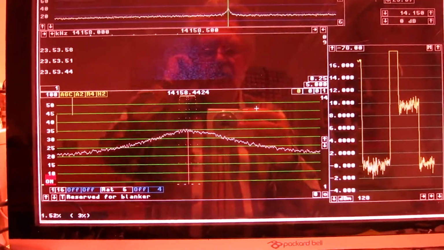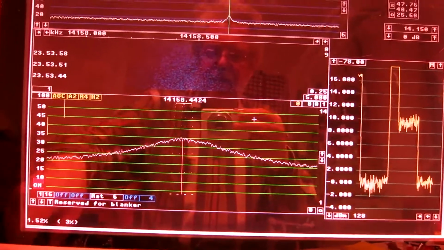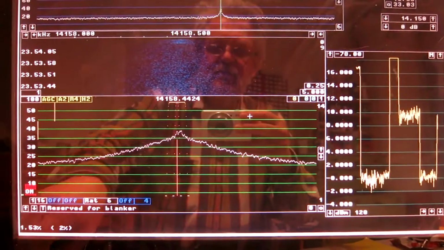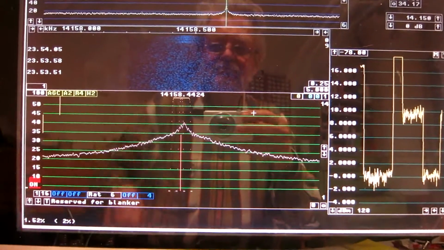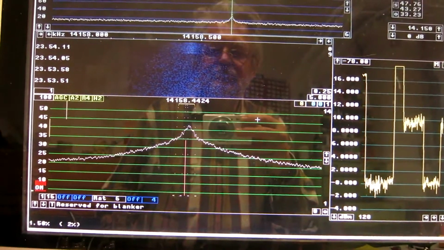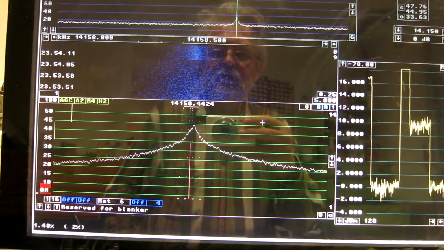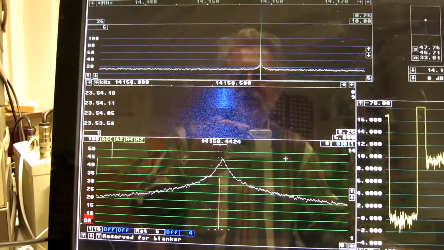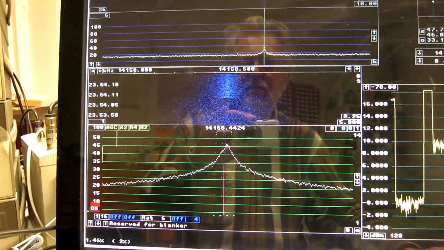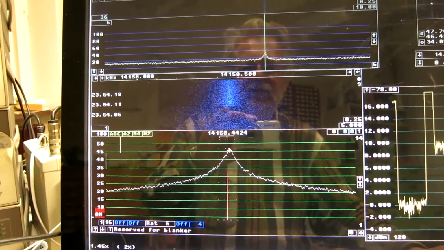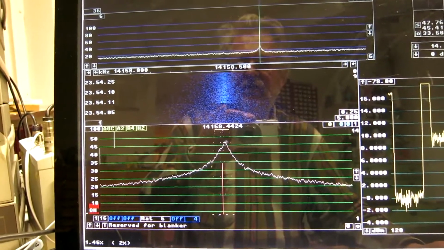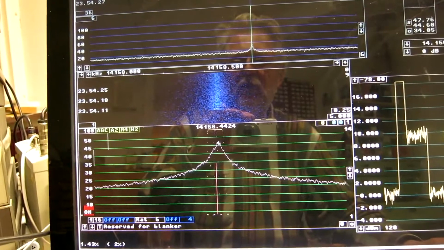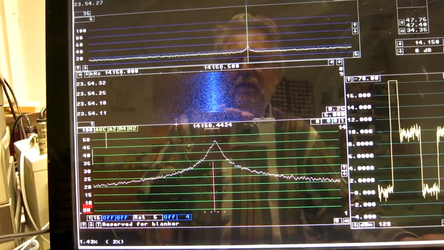Now I connect the feedback. The attenuator is on 5 decibels. And you can see the noise increases near the center here, but it doesn't increase, let's say 200 Hertz away, which would be here.